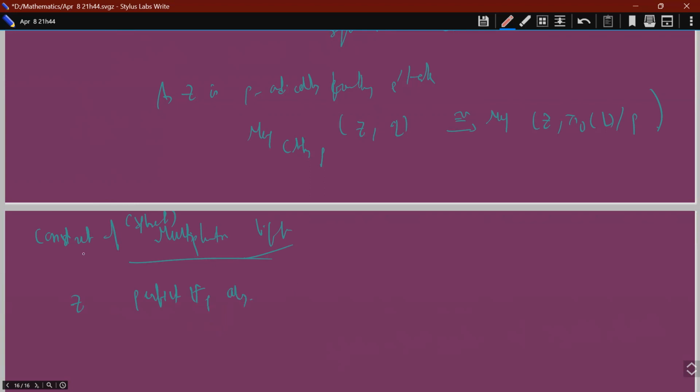So if Z is, then Z star is the non-zero elements of Z, the multiplicative units. Yeah. So that's Z star.